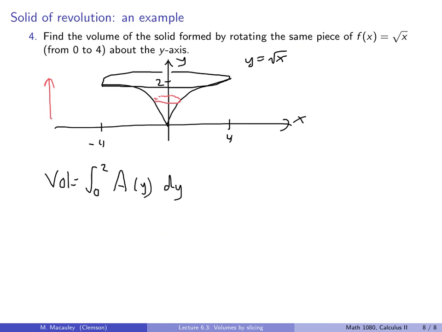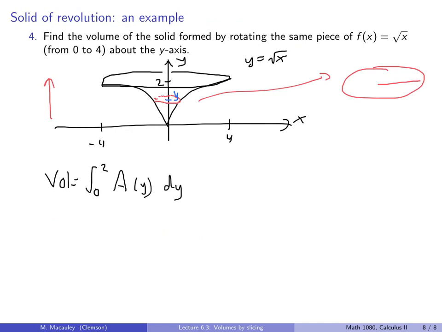Maybe I should have drawn this a little bigger, but right here, let's suppose that's y right there. Then I'm going to draw this disk out here. So here we are at height y. What's the radius of this disk? Let's see.